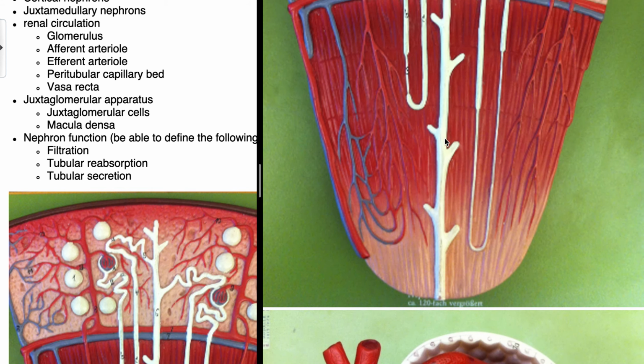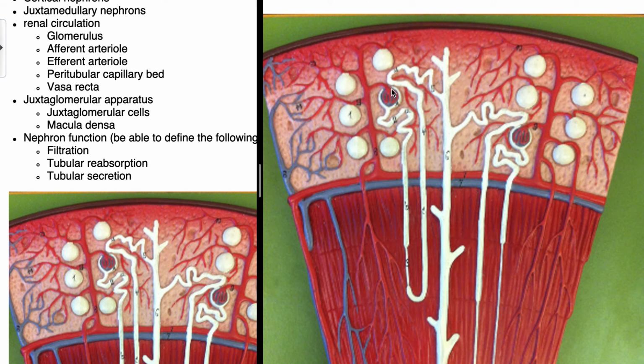So let me show you what I mean by that. If you go back to this picture, so let's imagine you're being filtered out at the glomerulus. You're traveling through the proximal convoluted tubule, down the loop of Henle, and back to the distal convoluted tubule. You're going to make a second pass right there.